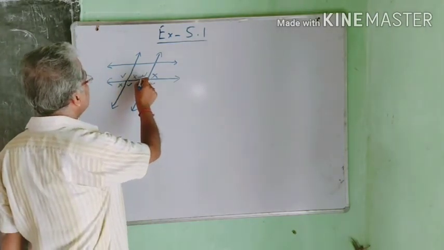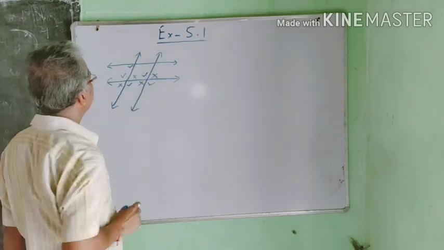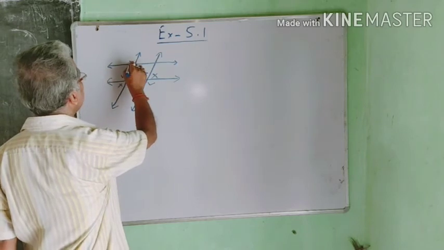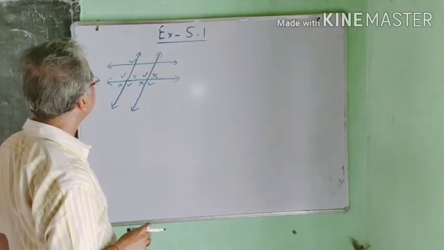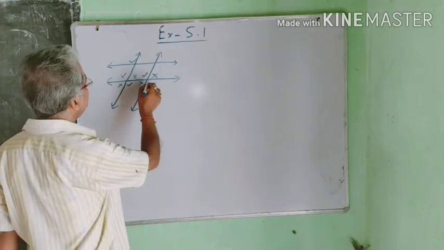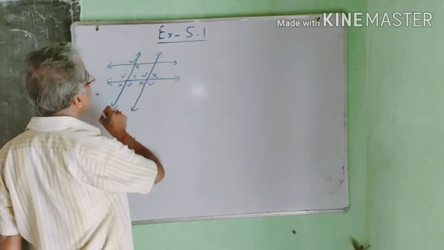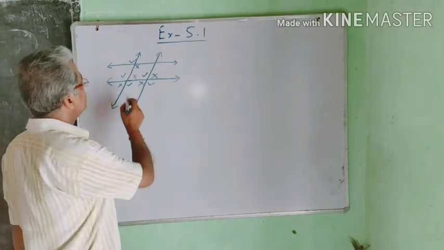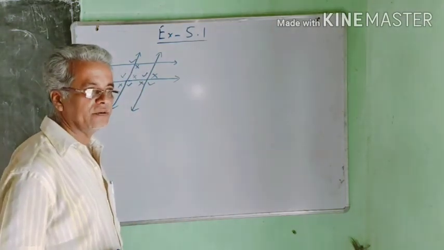The alternate of this angle is this one. Sorry, not this one. The alternate of this one is this one. The alternate of this one is this one. So we get alternate angles in this manner.